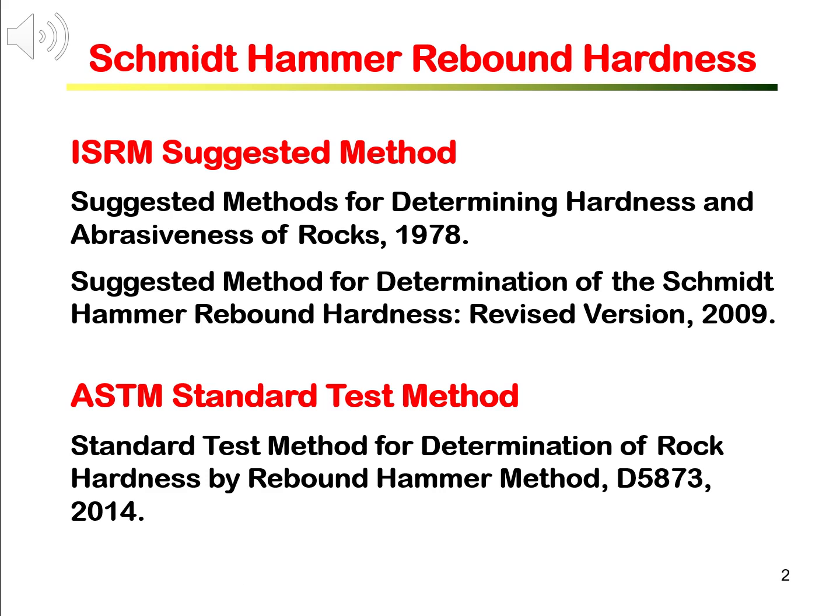Schmidt hammer rebound hardness test is a rather common test method, not only used for rock testing, but also for concrete and structure testing. The method has been standardized by the International Society for Rock Mechanics and the American Society of Testing Methods.